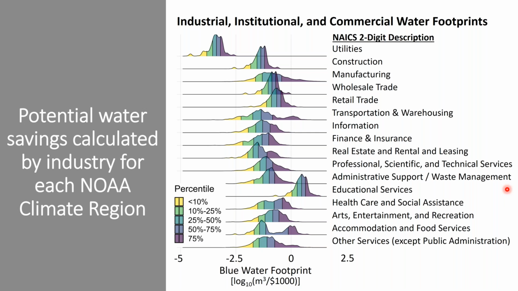Again, to reiterate, you can see there's a wide distribution within each industry and also between different industries. That's a little bit, I don't want to say misleading, but they're a little bit narrower than we're showing here, because we aggregate all these sectors together for visual purposes within this presentation.